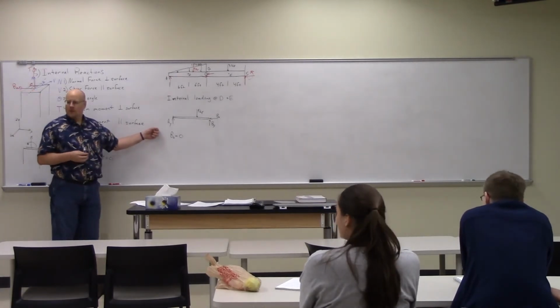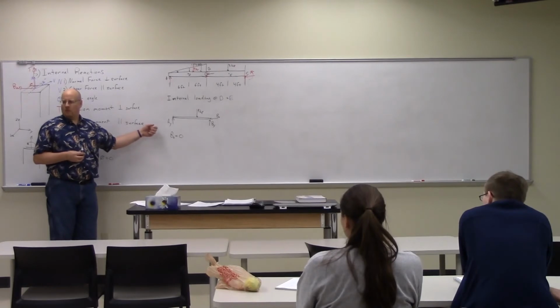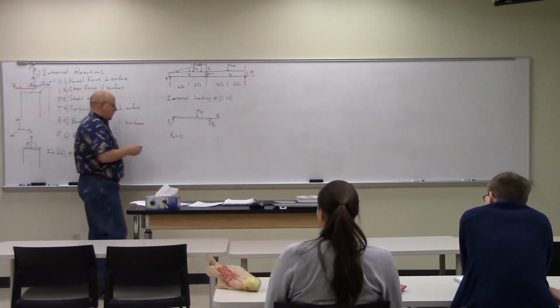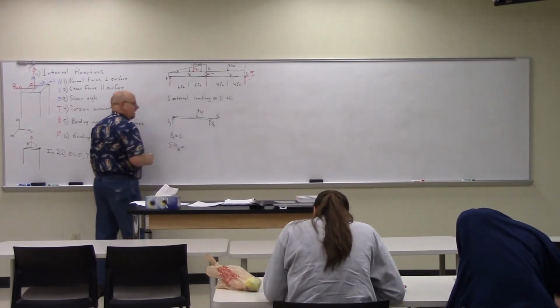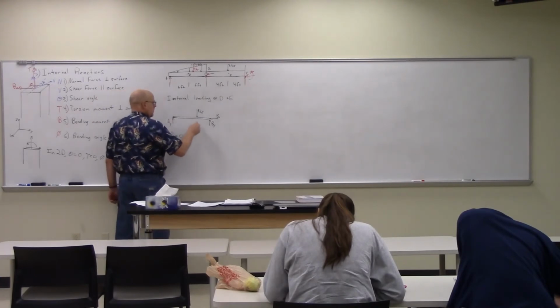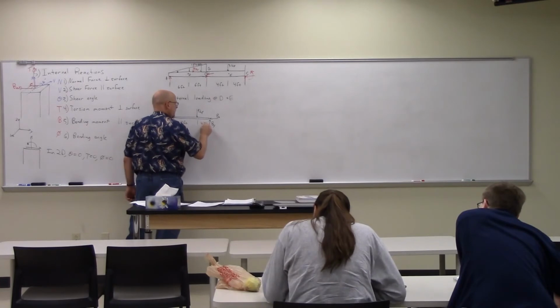Okay, what else? What can I do next? Somebody said something about summing moments. Moments about what point? A or B, whichever one you want. I say B. So take the sum of the moments about B, let's say. Now let me go back in here, but this is 8 feet, this is 4 feet.